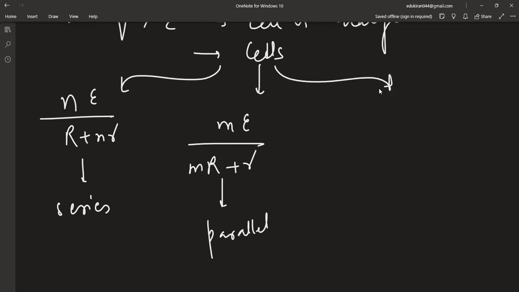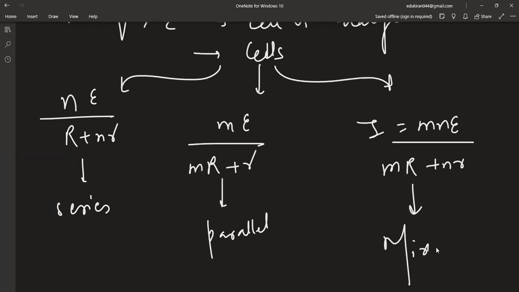Then one more thing we had seen, mixed grouping: mnE by R plus nr over m. This was mixed, right?